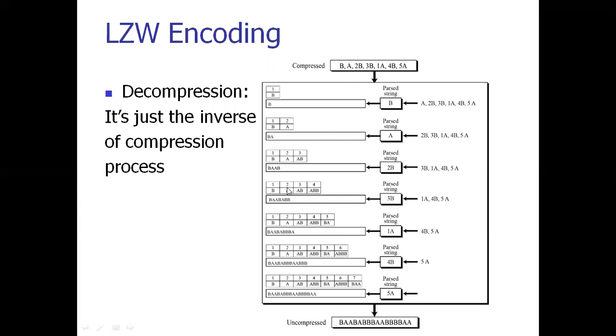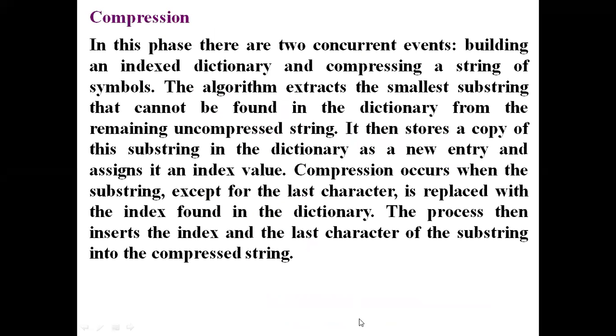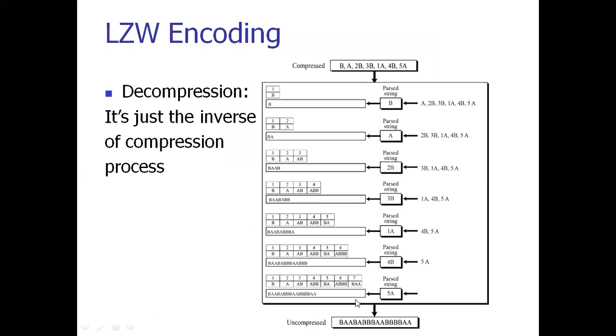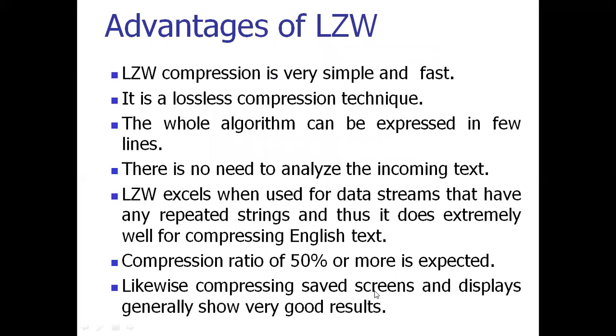The parsed data takes the value from the index location, the character set from the index, and we get the original data. Again we can see the decompressed output data and the input data are the same. So we can say that this is a lossless technique.